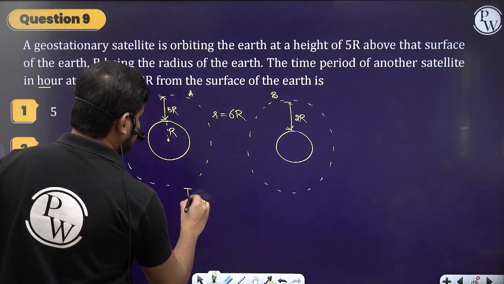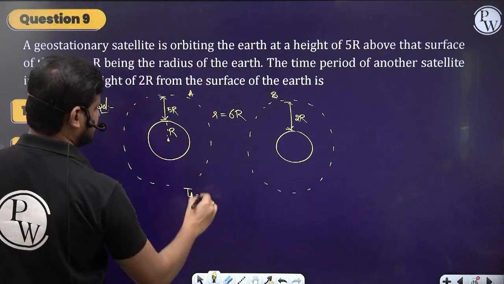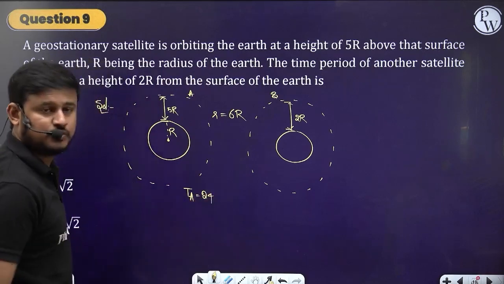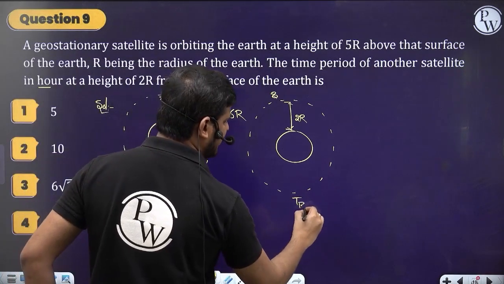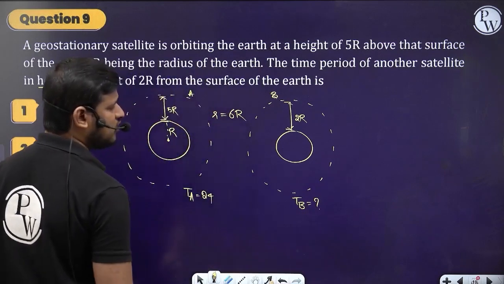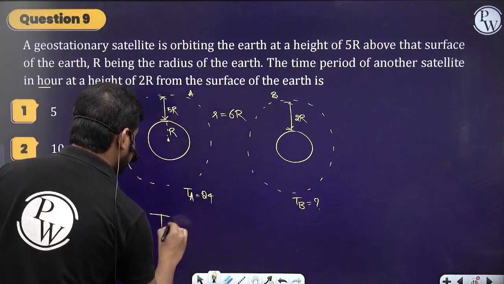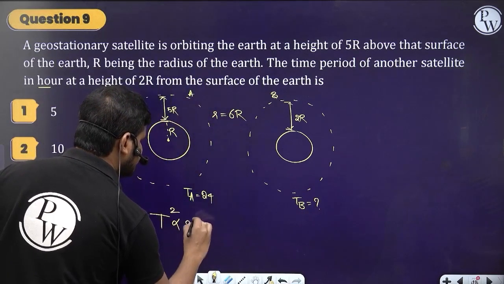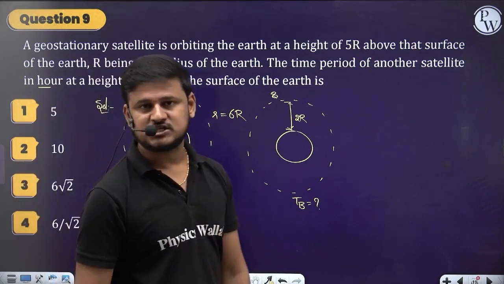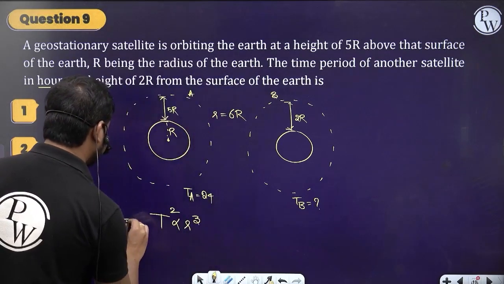TA is the geostationary satellite, the first one, 24 hours we can substitute, and TB we have to find. So simple thing, we have got the relation: T square is directly proportional to R cube, Kepler's third law, right? So simply substitute the values now.